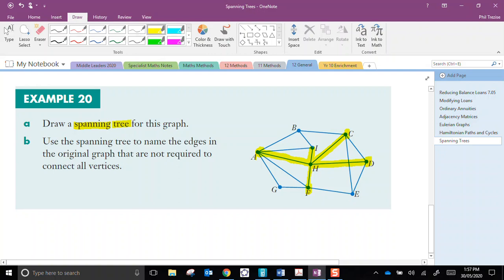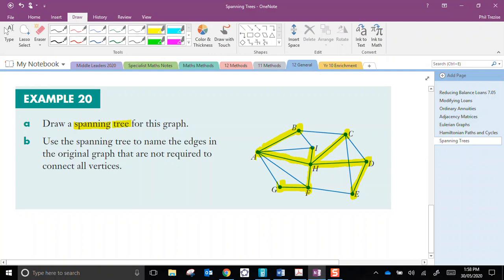We now have to have some extra connectors, some extra edges to hook in vertex B, E and G. Well, I could go here or I could go here. Either one is fine, or I could even go here, as long as I don't form a loop. For E, I could use this one, but for clarity I think I'll choose this one. Now for G here, I think I might just go across there.